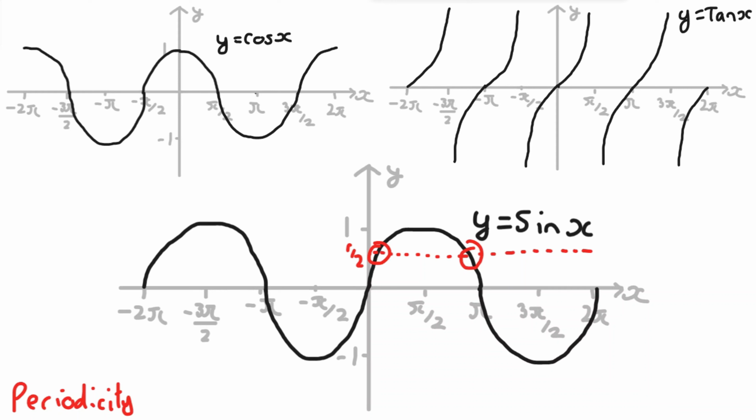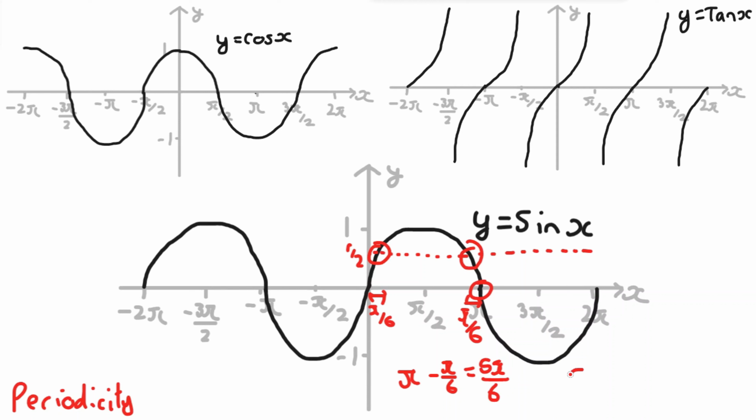But we can find this value here because trigonometric graphs are symmetric. So this here is π/6, and this here is 0. The difference is π/6, and this here is π, and because it's symmetric, this difference is also π/6. So this value here is going to be π minus the difference of π/6, which is equal to 5π/6.